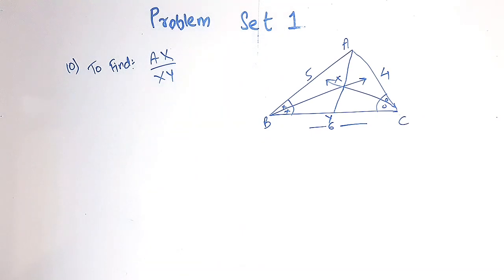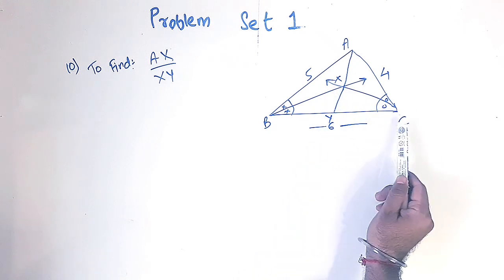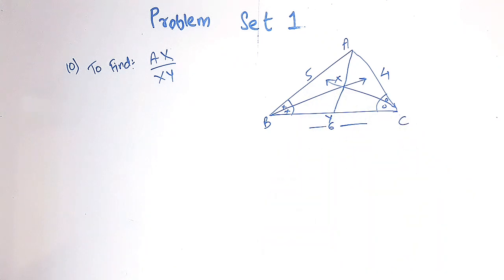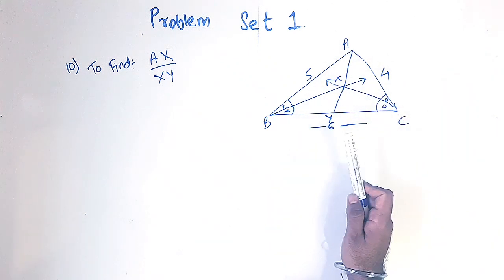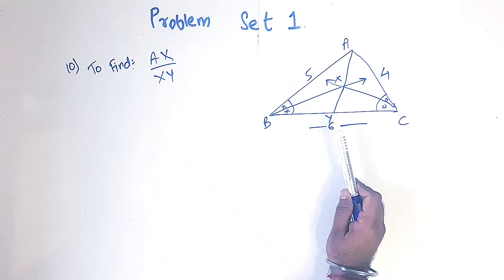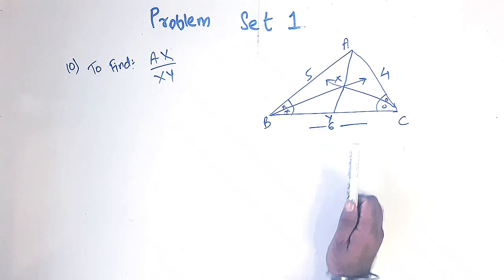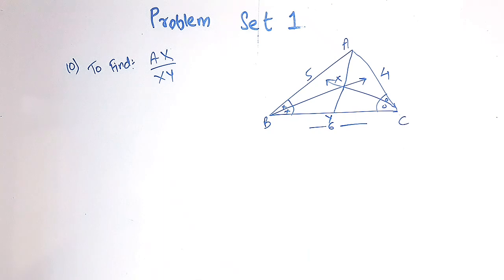In the 10th one, as you can see, I have written the measures of AB and AC. You can see BX and CX are the angle bisectors, and AX is a line that intersects BC at Y. Now we have to find AX upon XY.